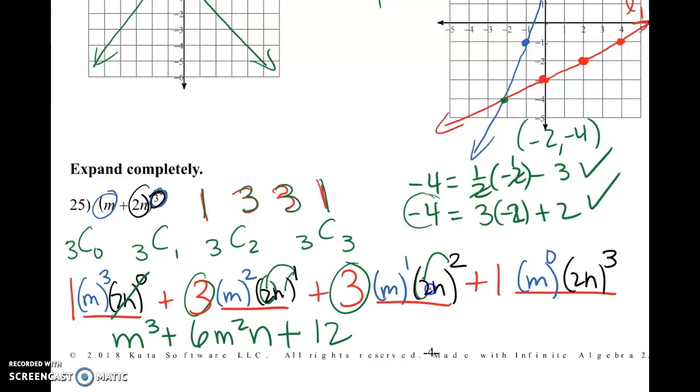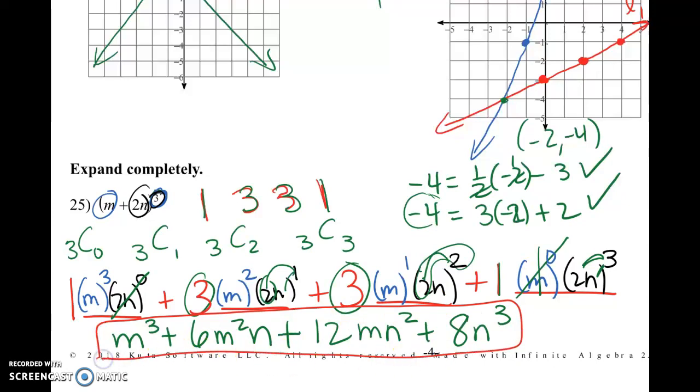So 3 times 2 squared is 4 times 3, which is 12. And I have m. All right, so I have m to the first and n to the second. And then the last one, m to the 0th, is 1. So I have 1 times 2 to the third, which is 8, and n cubed. So there I have expanded m plus 2n all to the third power.